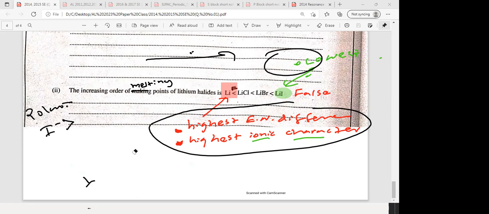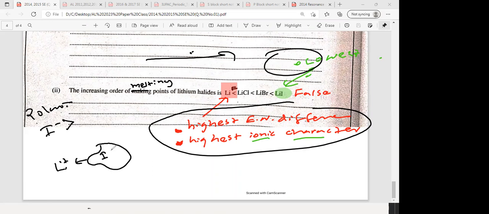This electron cloud is not symmetrical because of Li plus. Li plus can attract the iodine electron cloud much more easily than fluoride F minus. Why? Because in I minus the electron cloud is larger, it's loosely attracted to the nucleus of iodine, therefore it can be easily attracted toward this Li plus.